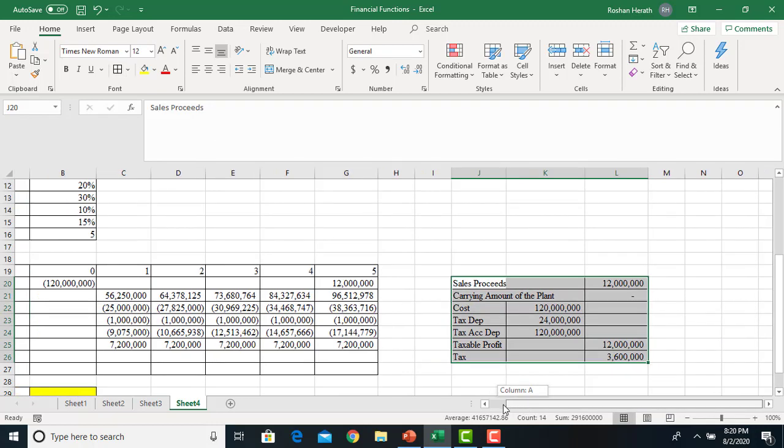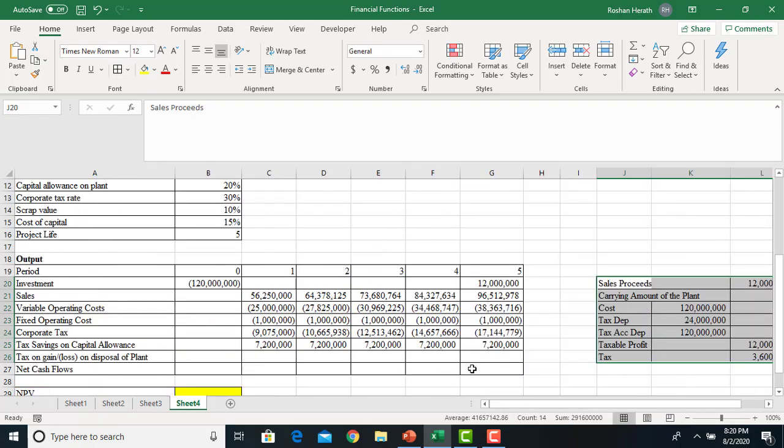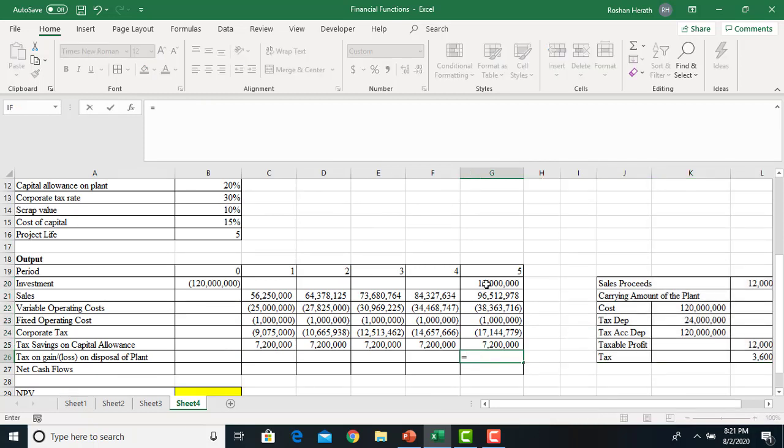Now you can do it in a more comprehensive way. So here is how we can take it. You have to consider the sales proceeds, so I would make a reference over here. The sales proceeds is taken. Thereafter you need to take the carrying amount. How do you take the carrying amount?